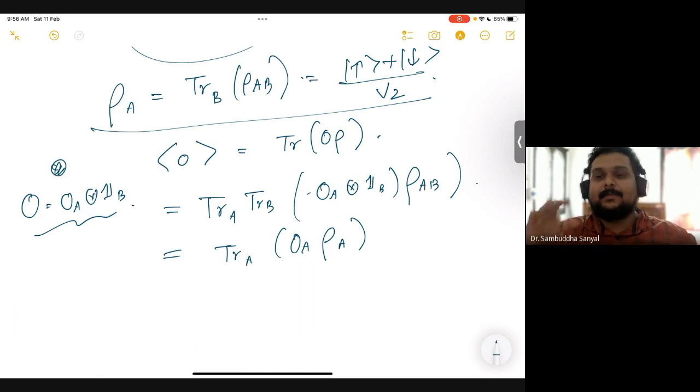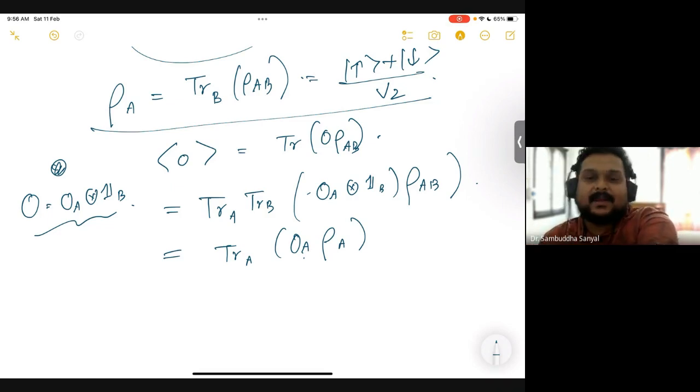So I can calculate the action of O in two ways. Either I take the big O, which is O cross identity on B, and calculate trace O rho for the big rho, which is rho AB, or I can calculate it only on the A part. But then I need to know the correct rho to use. If it is product form, then it is very easy. But if it is not a product, then I have to take a partial trace.